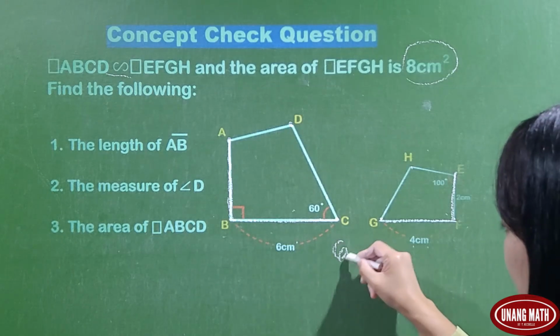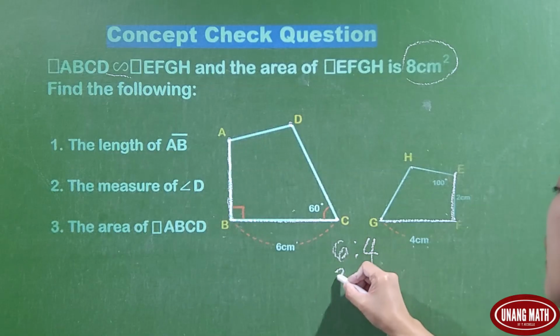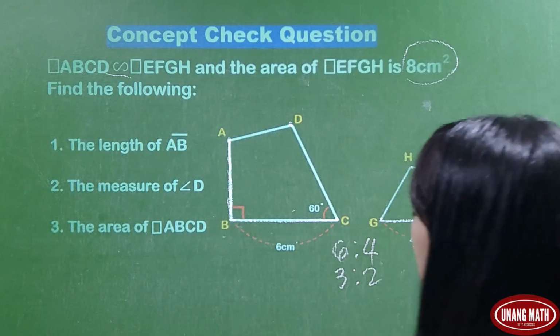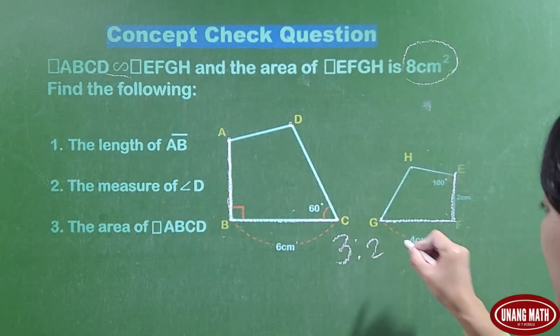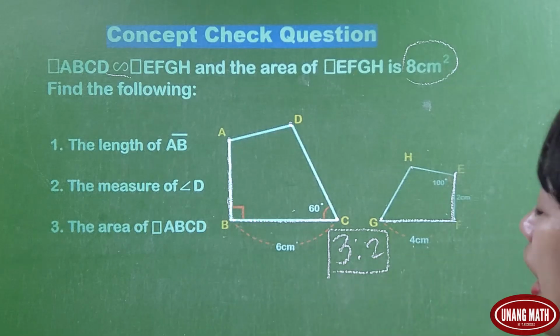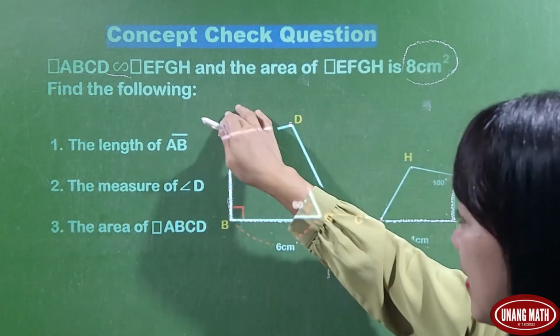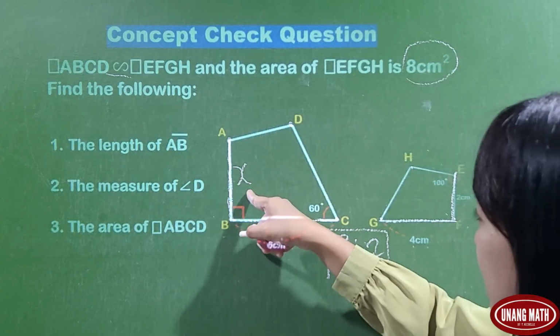So this is 6 is to 4. If we simplify, this is now 3 is to 2. So the ratio of similarity is 3 is to 2. To find the length of side AB, let's represent this side as x.